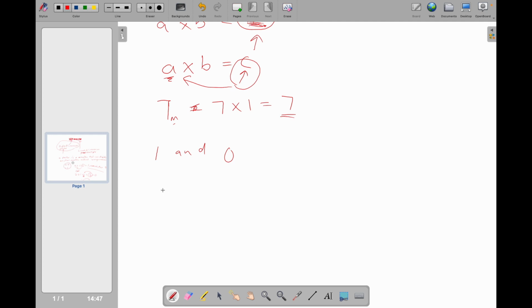Because if we multiply 7 by 0, we get 0. Sorry, we get 0. We multiply 7 by 0, we get 0. Okay, so this is what we can talk about regarding multiples.